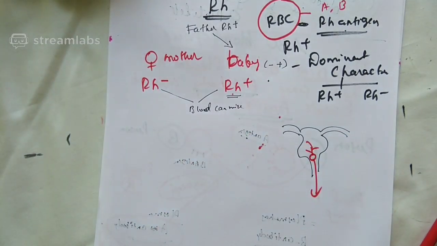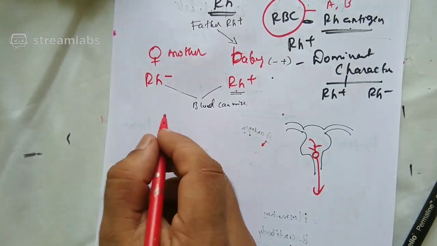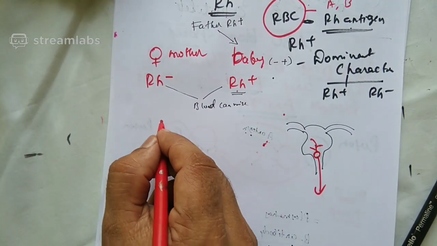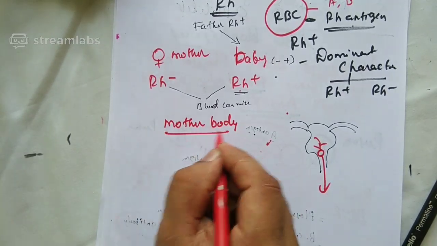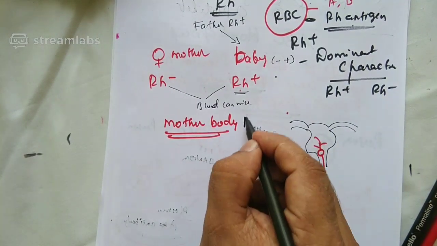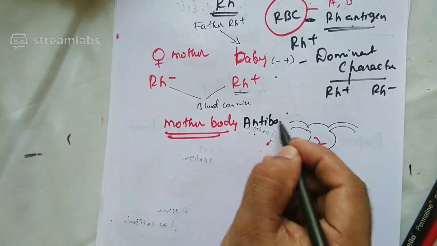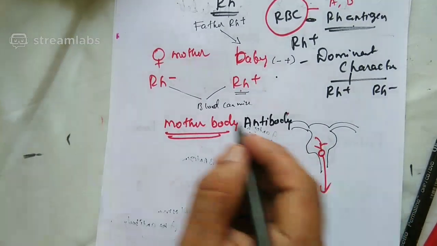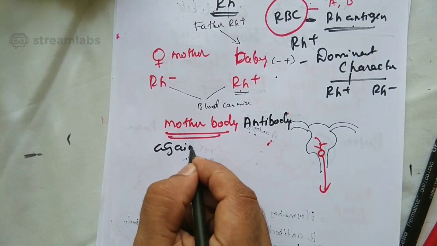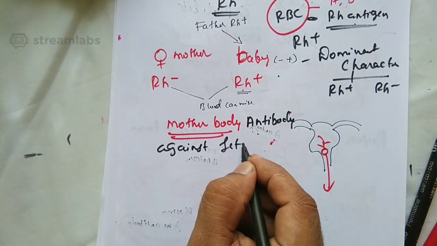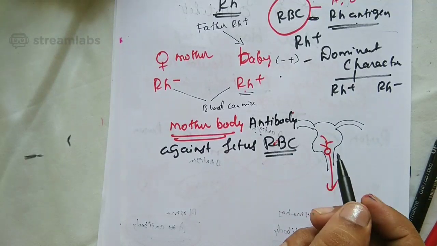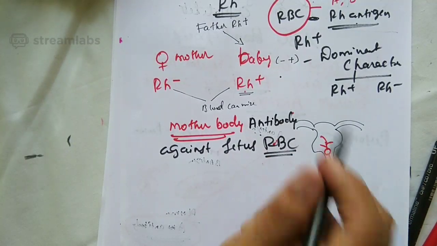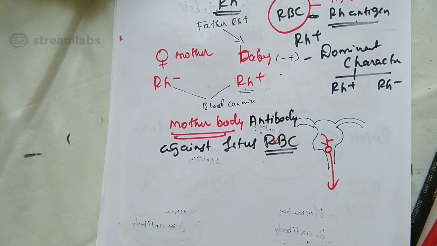When a mother's and baby's blood mixes, what happens is mother's body forms antibody against fetus RBC, because RBC has that Rh antigen. Mother's body has formed antibody against fetus RBC.